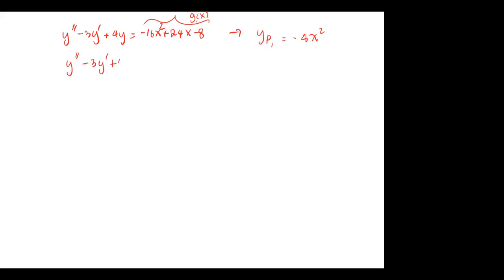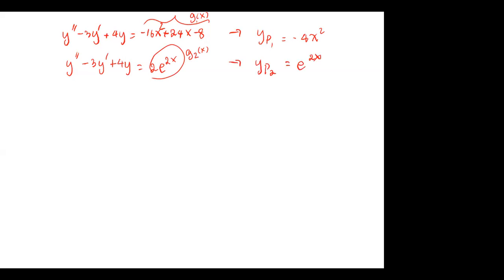So y double prime minus 3y prime plus 4y equals 2e to the 2x, and this one is called g2 of x. For the second form of the right hand side, we keep the left hand side all the same. So yp2 equals e to the 2x.